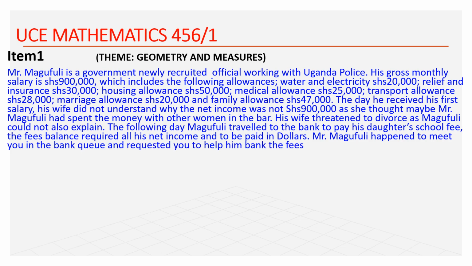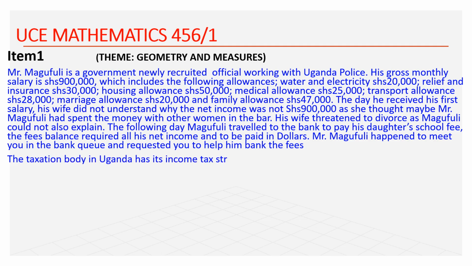The following day, Magufuli traveled to the bank to pay his daughter's school fees. The fees balance required all his net income and was to be paid in dollars. Mr. Magufuli happened to meet you in the bank queue and requested you to help him bank the fees.